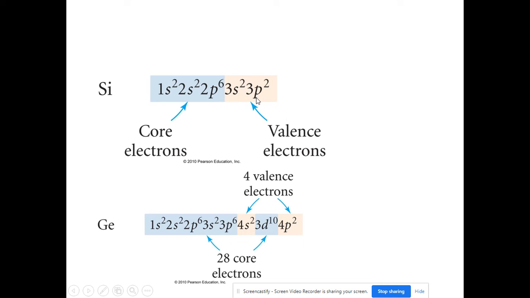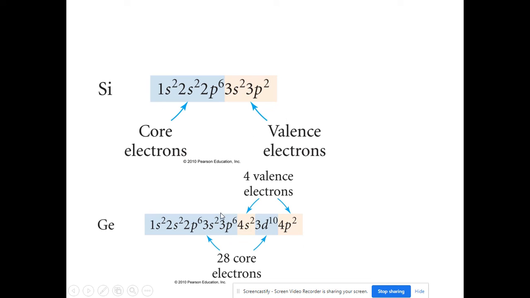We then call these electrons, the 3s and 3p electrons, valence electrons. We would say silicon has 4 valence electrons. The rest of the electrons are what we call core electrons. So silicon has 10 core electrons.